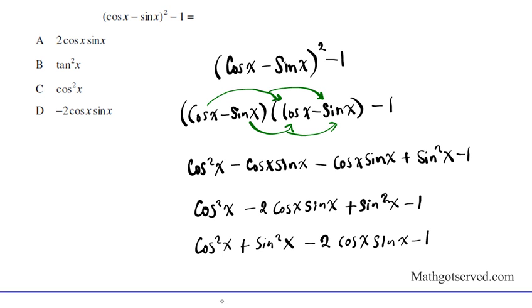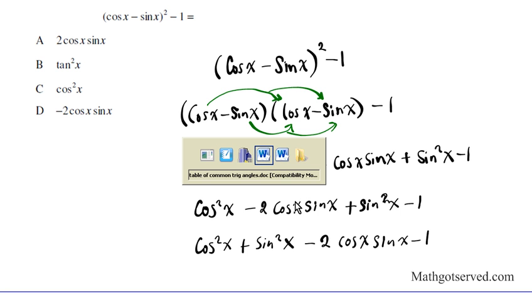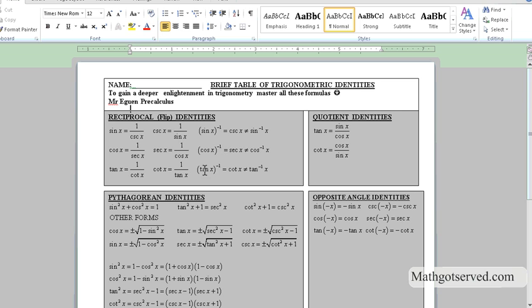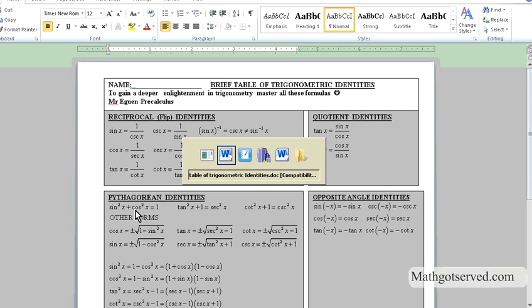Now what is cosine squared x plus sine squared x? If we go back to our table of identities right here, we notice that cosine squared x and sine squared x equals 1. So cosine squared x plus sine squared x, or sine squared x plus cosine squared x, equals 1.